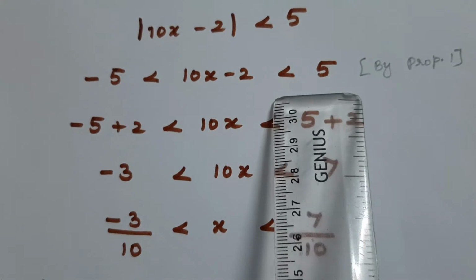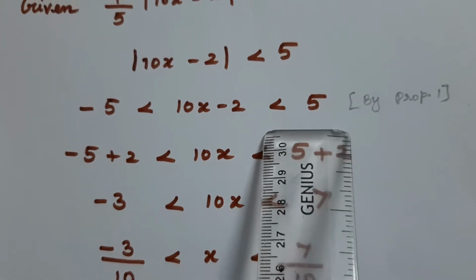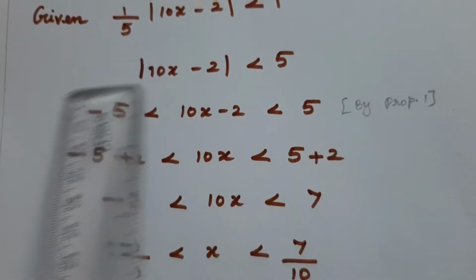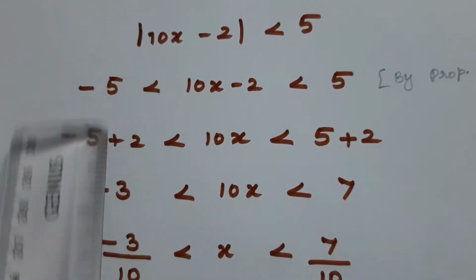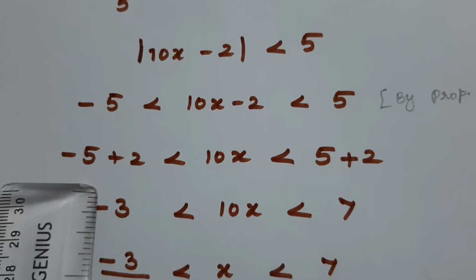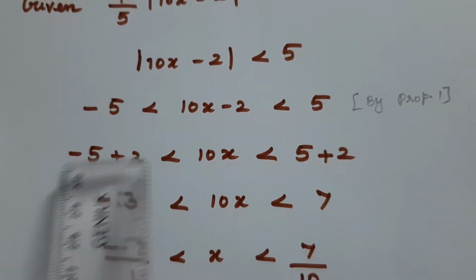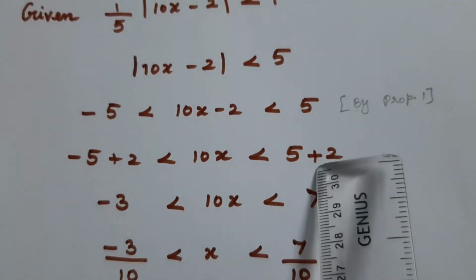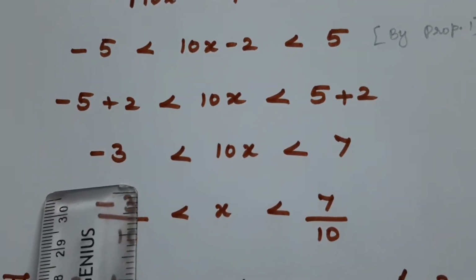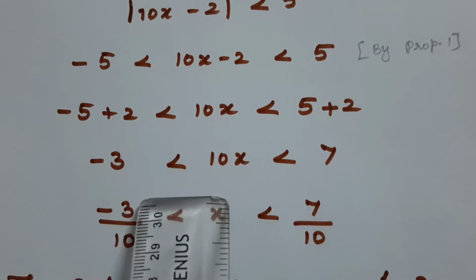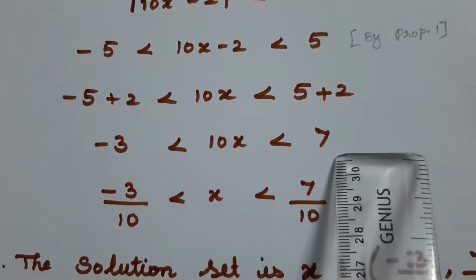Clear? Property 1 is nothing but modulus of x is less than or equal to r, means we can have this value. So, now bring this minus 2 to both the sides. When it goes to the left hand side with the plus 2, and the same way to the right hand side with the plus 2. So, minus 5 plus 2 gives the value minus 3 less than 10x. 5 plus 2 you will have 7.